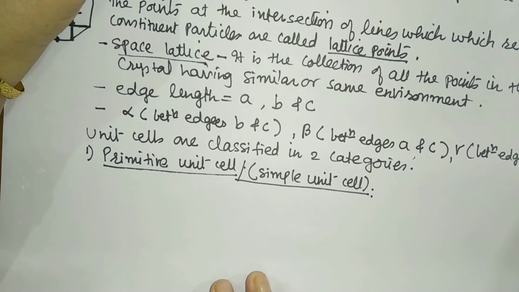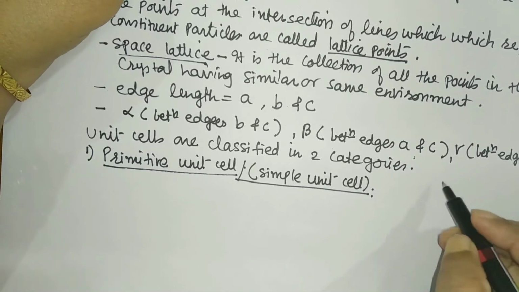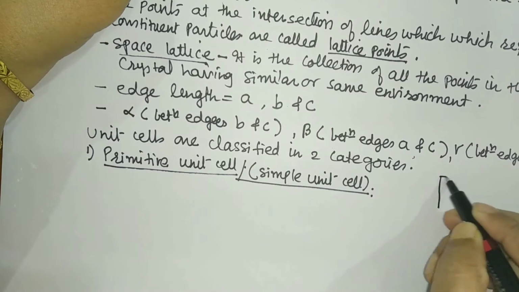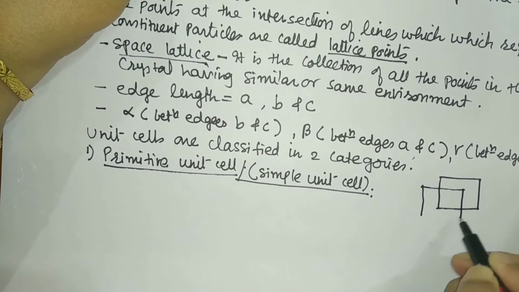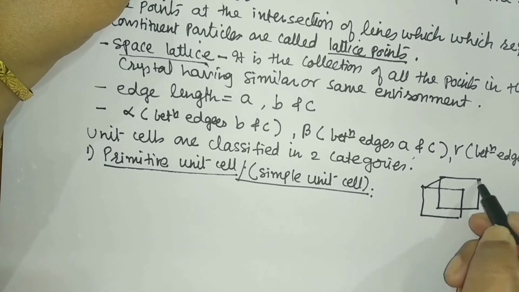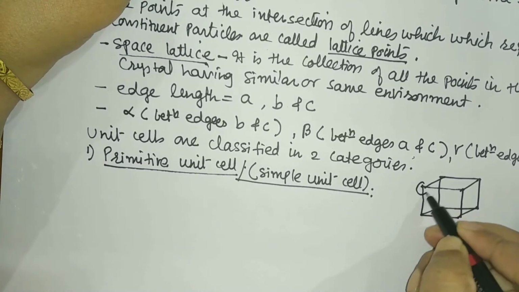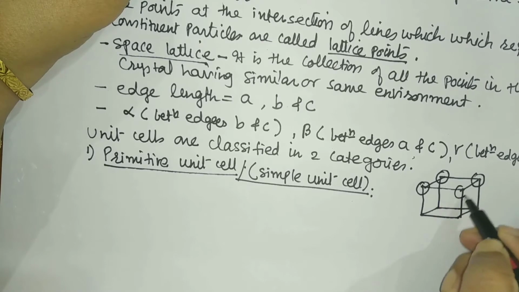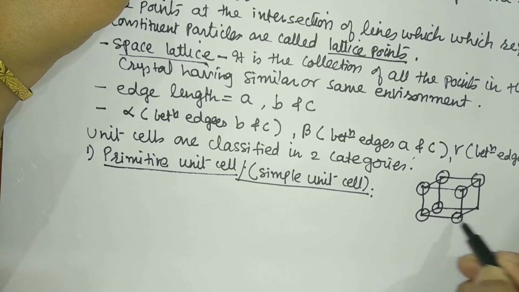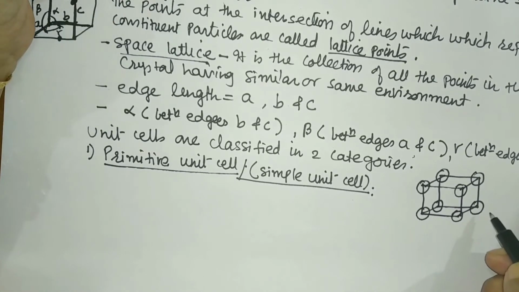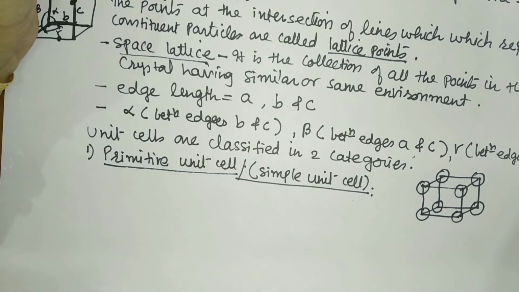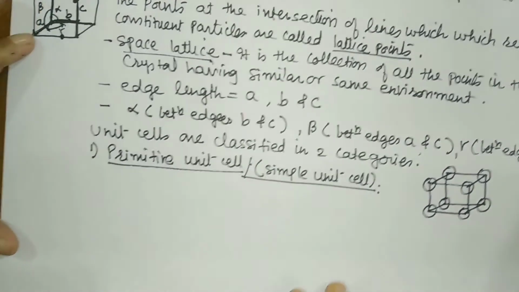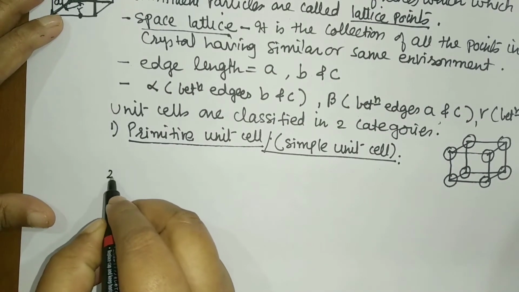Students, primitive unit cell means the atoms, ions, or molecules are present only and only at the corners. So if I see the unit cell, the atoms are present only at the corners, what we call the lattice points, then we call it a primitive or simple unit cell.